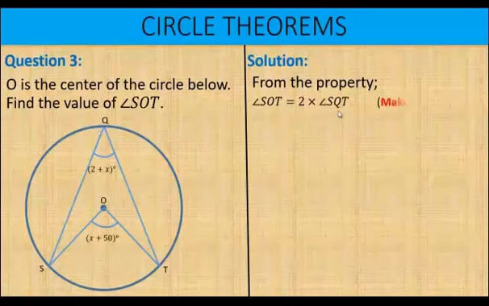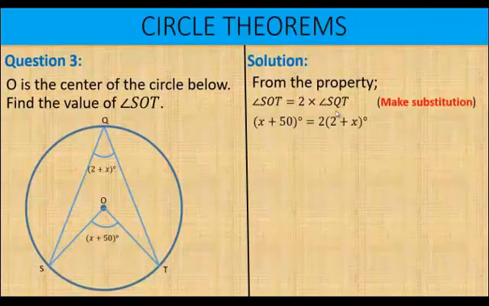So by substitution, angle SOT is x plus 50 all degrees, equal to 2 times angle SQT, and angle SQT is bracket open 2 plus x all degrees.